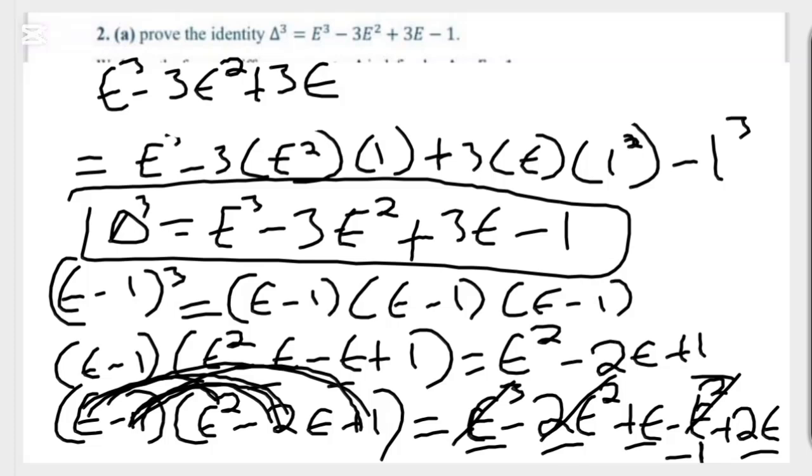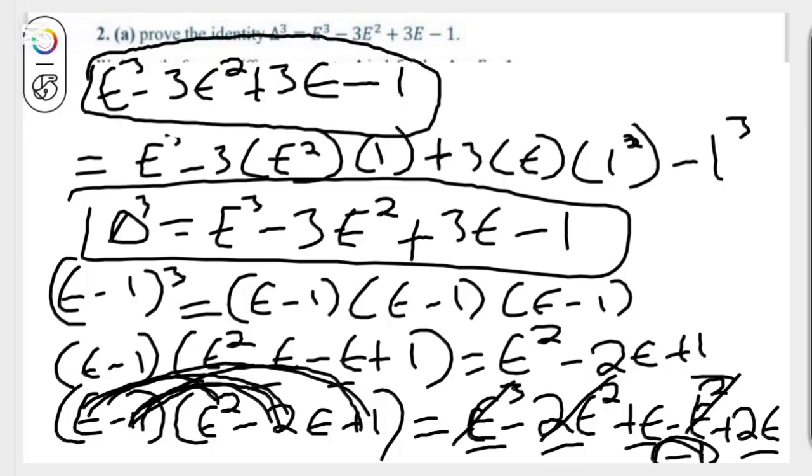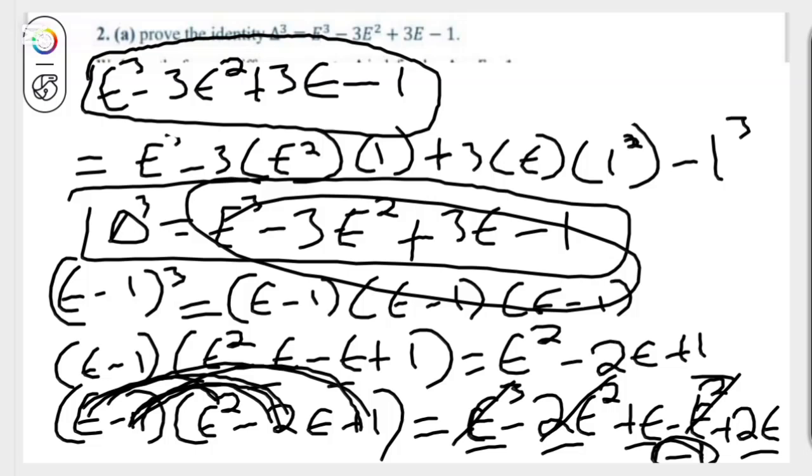And I have only 1, which is negative 1. So as you can see, I have E to the 3rd power minus 3E squared plus 3E minus 1, and it is the same thing as what I wrote here, with the equal sign of this question. Hence this identity is proved.